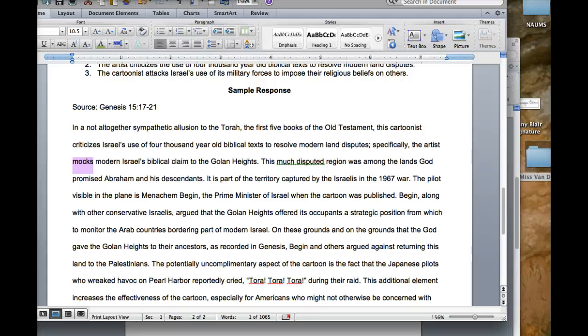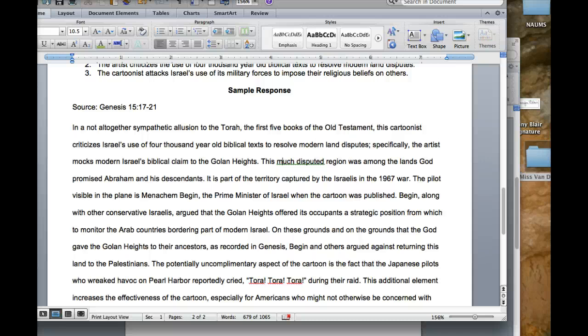After you do your topic sentence, you just go in and give me some background information, okay? So we're talking about this much disputed region that was among the lands God promised Abraham and his descendants. So you're giving the background, you're connecting it to the Bible, what actually happened. If you need to look up anything, please include the source.